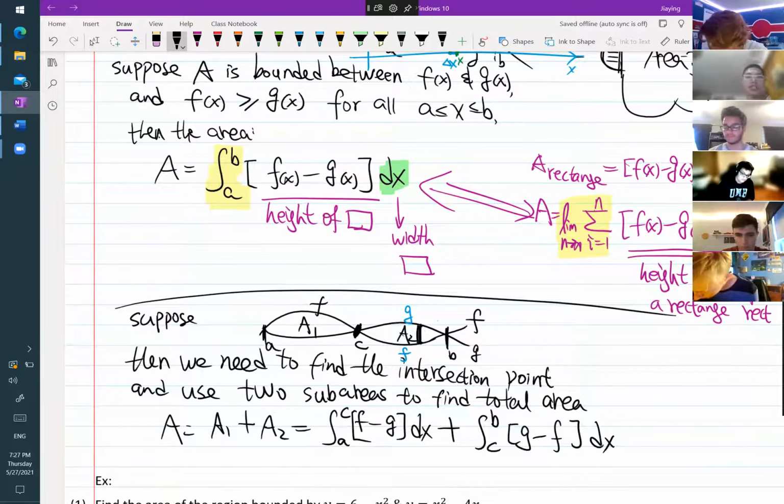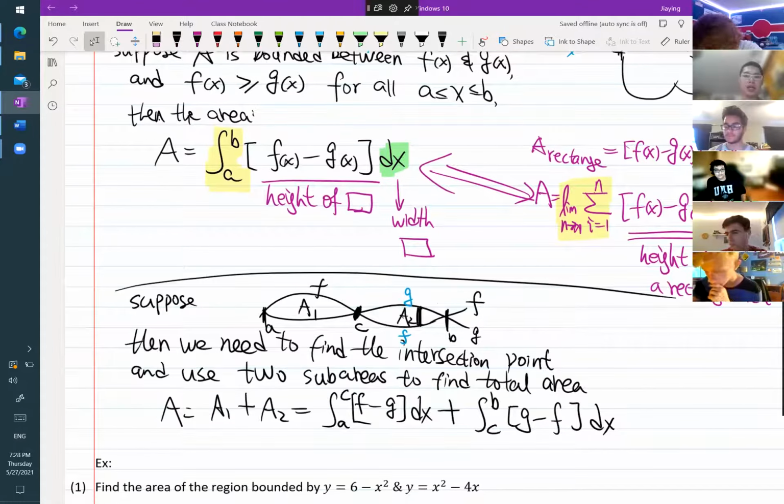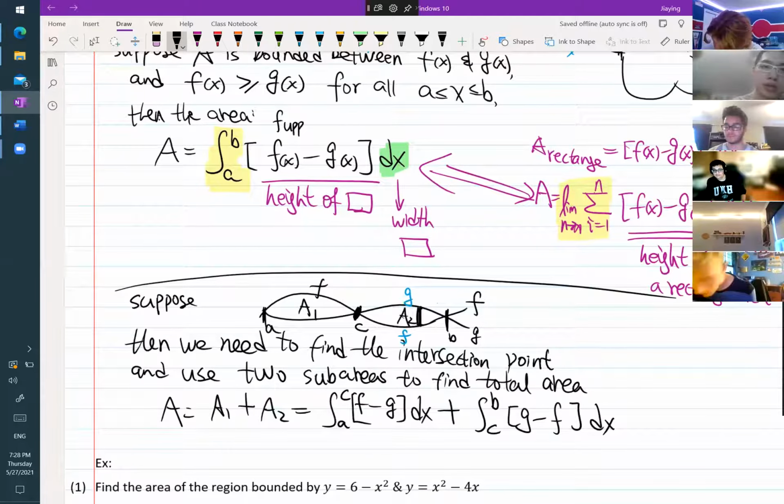So it's really the same thing we had earlier, but now you just focus on different sections of that region. Because the height of the rectangle is always given by the function higher minus the function lower.